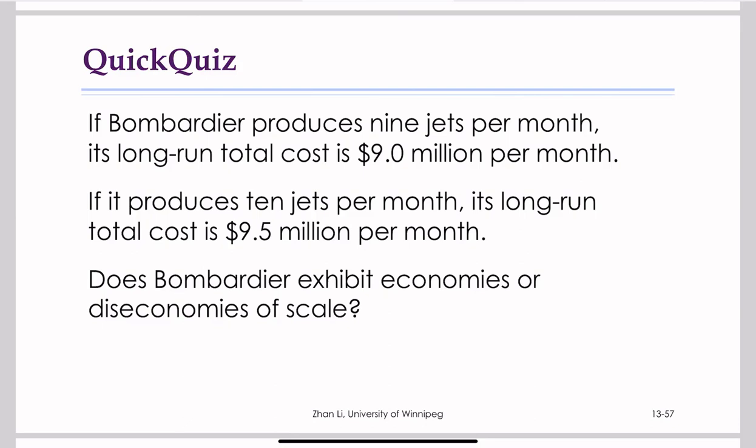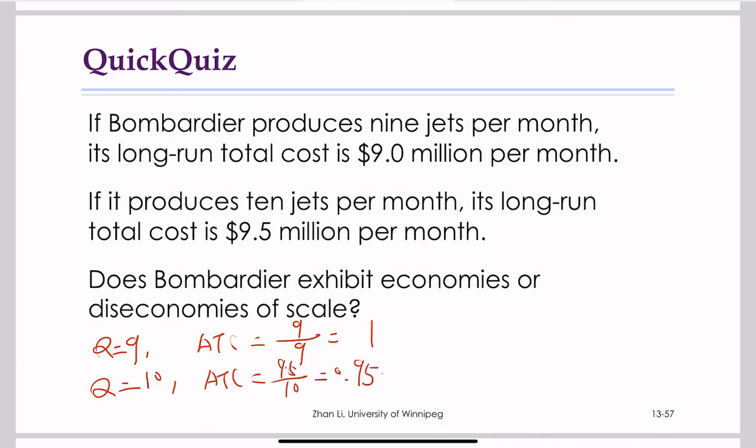Well, we will just do this according to definition, right? So if there are 9 jets, average total cost would be 9 divided by 9, which is 1. If there are 10 jets, average total cost would be given by 9.5 divided by 10, which is 0.95.